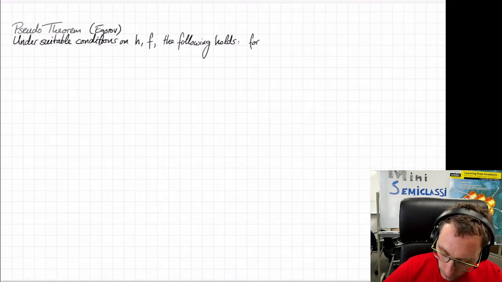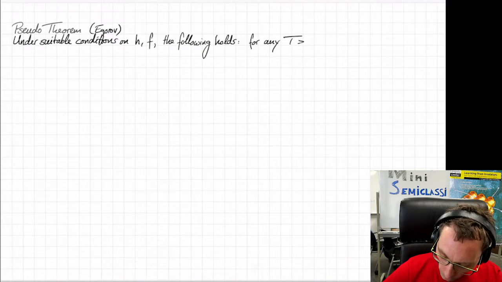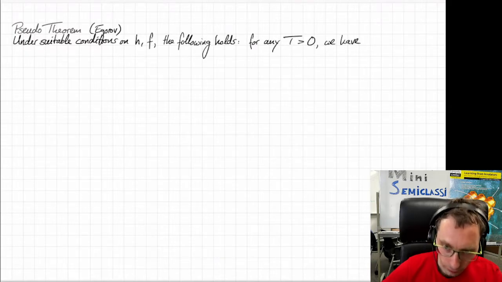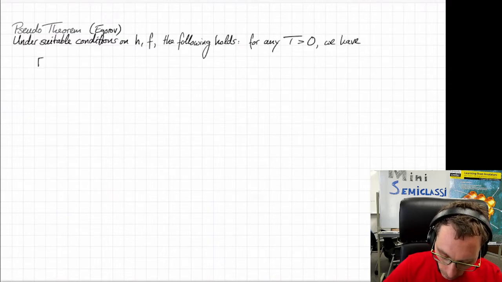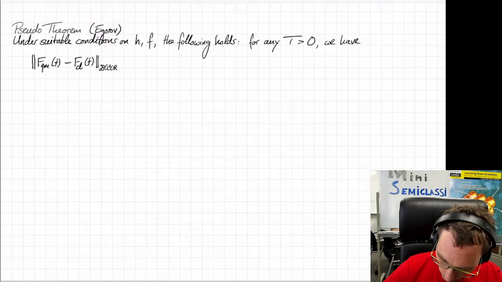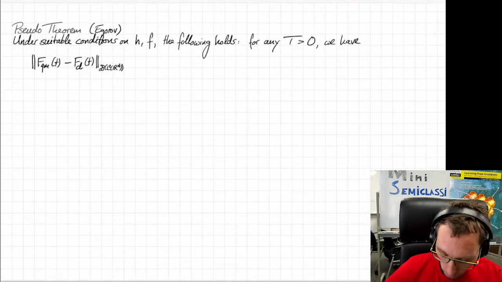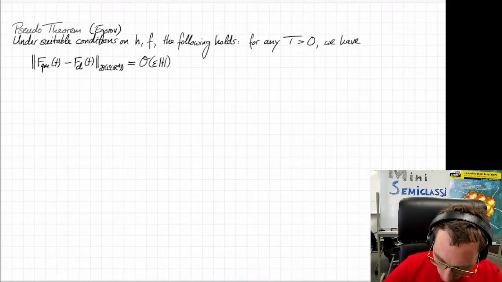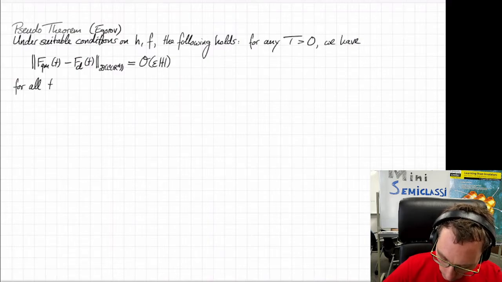For any positive, constant t, we have that the difference between the quantum observable and the classical observable in operator norm is equal to order epsilon times the absolute value of t for all t from the interval minus capital T to plus capital T.